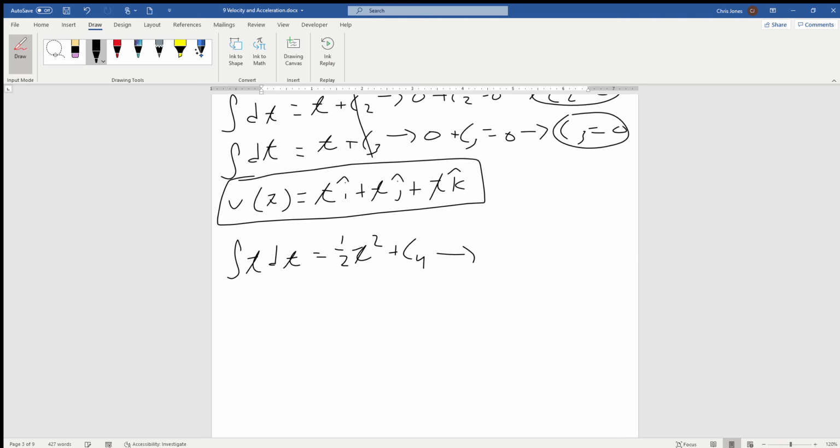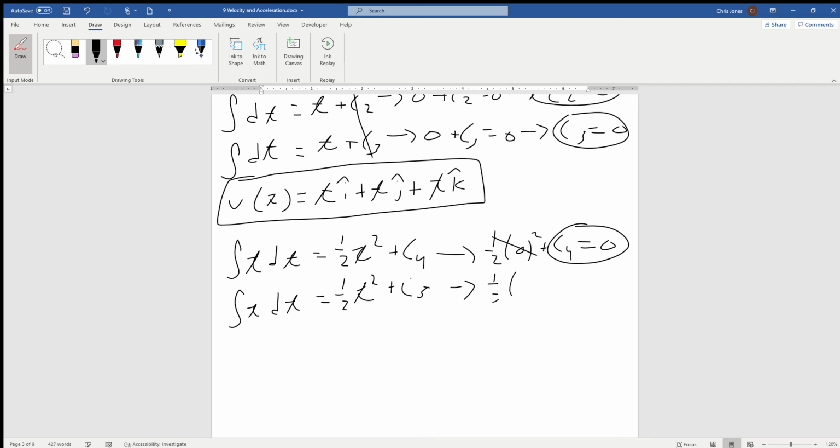We're going to substitute 0 in, and that means that c4 is equal to 0. And the exact same thing is going to happen for the other two. So 1/2 t squared plus c5, 1/2 of 0 squared plus c5 equals 0, and that goes away.